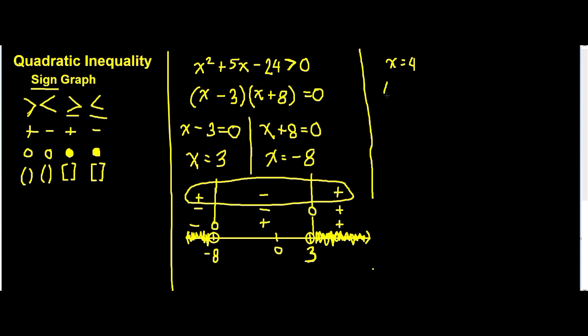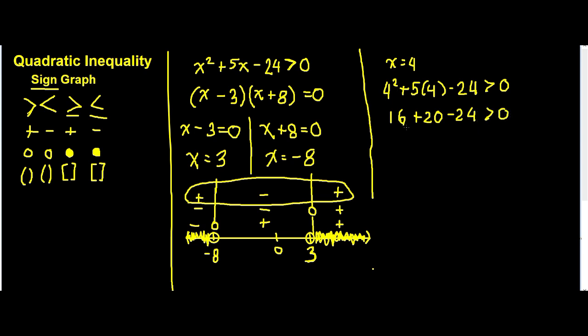For example, you have 4 squared plus 5 times 4 minus 24 must be greater than 0. So, meron kang 16 plus 20 minus 24 greater than 0.